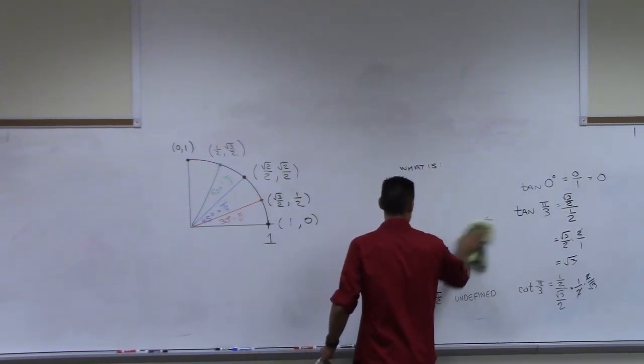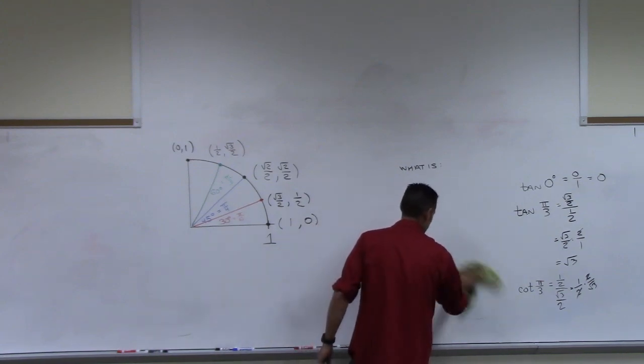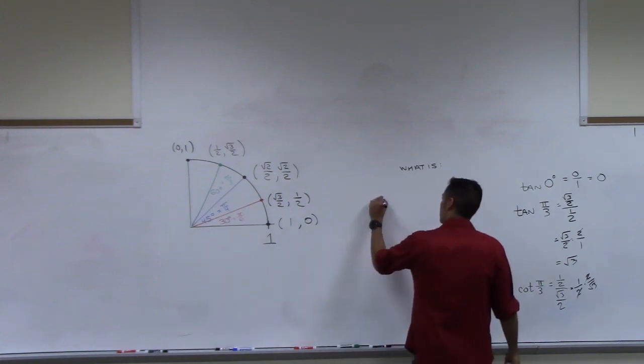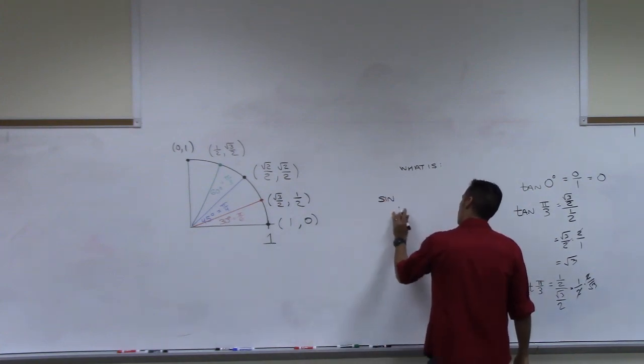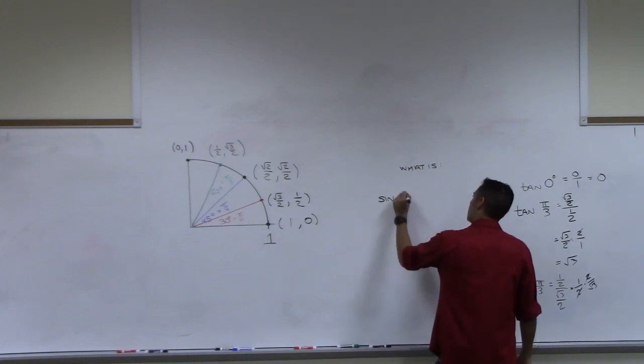Let's continue. I stopped using letters. I'm just going to continue just doing examples. How about this? What is sine of 2 pi over 3?